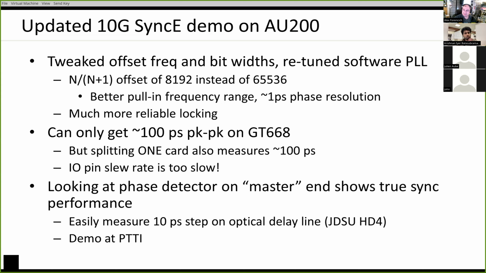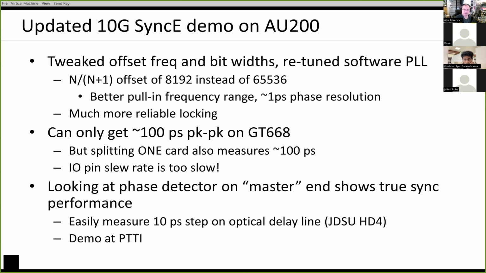Like I mentioned at the last meeting, I updated the 10G synchronous Ethernet demo setup for the PTTI conference, and basically I figured out why I was getting not so great performance with the GuideTech time measurement cards, and that is the fact that the slew rate coming out of the pin I was using to try to measure the timing was too slow, and as a result you get noise when you try to sample that on the time measurement card.